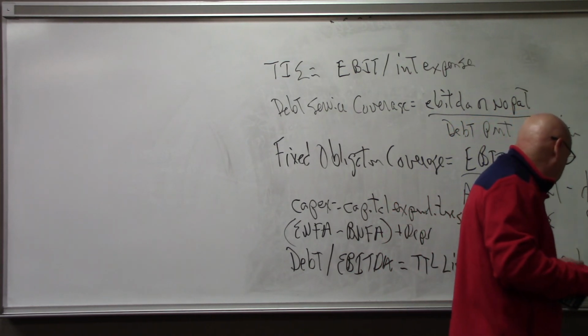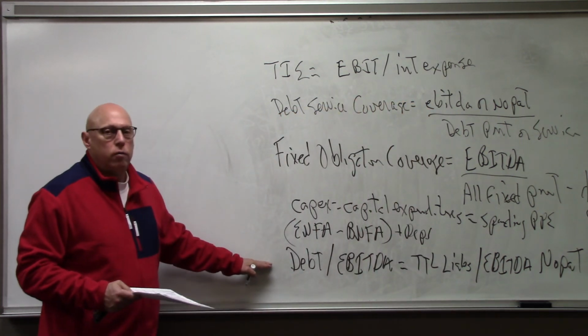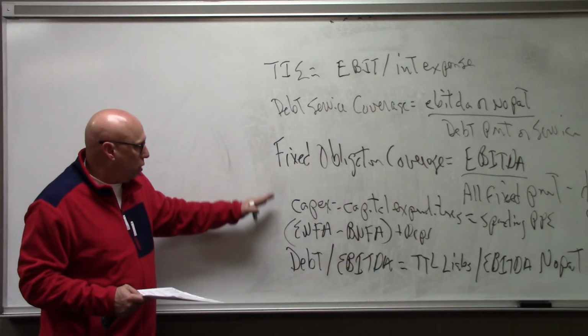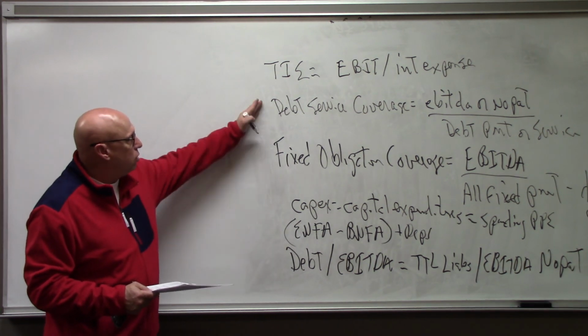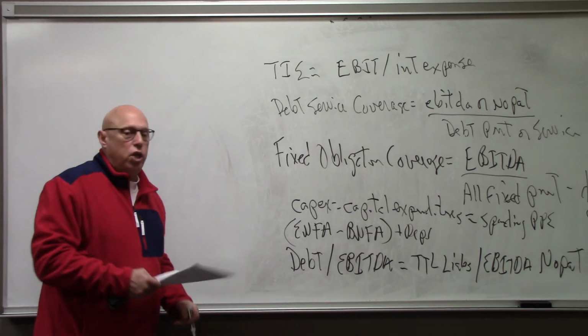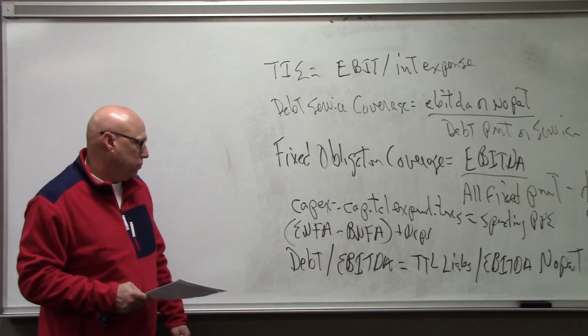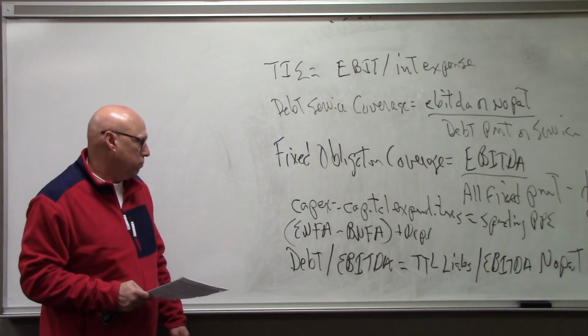What are we trying to do here? We're creating a ratio. These really are more liquidity ratios, this and this. This is a leverage ratio. How does our debt compare to our cash flow? That's what these things are.